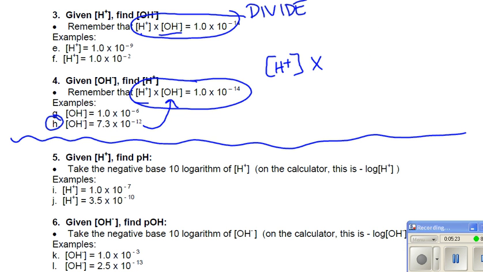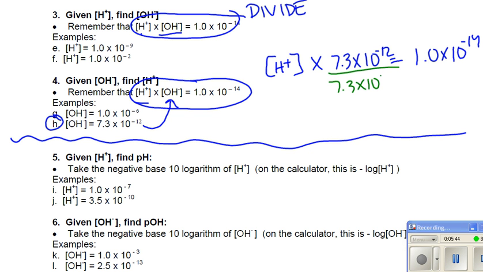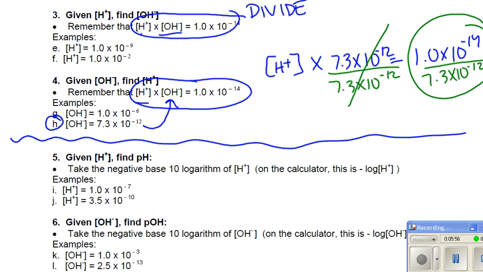So it's the hydrogen concentration times 7.3 times 10 to the negative 12 is equal to 1.0 times 10 to the negative 14. How do you solve for the hydrogen ion concentration? Divide both sides by 7.3 times 10 to the negative 12. Basic algebra. On the left side, it cancels. And when I plug this into the calculator, I get my answer.